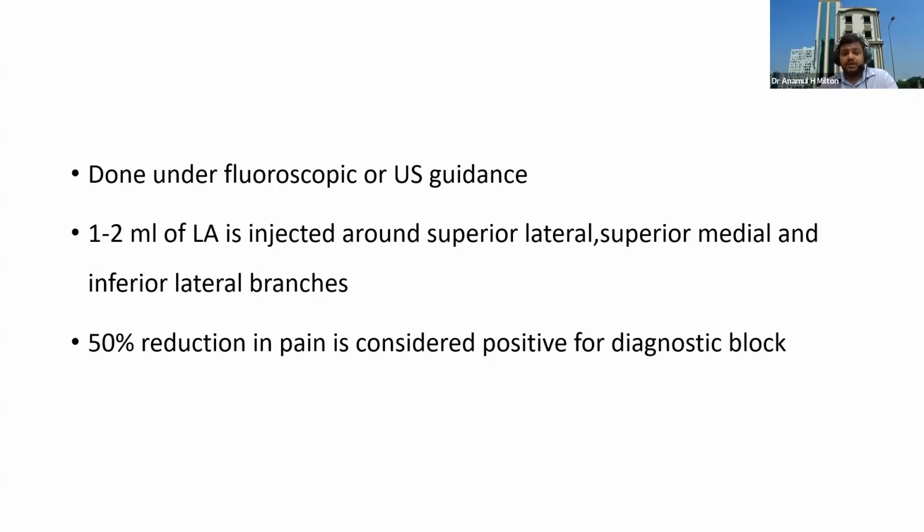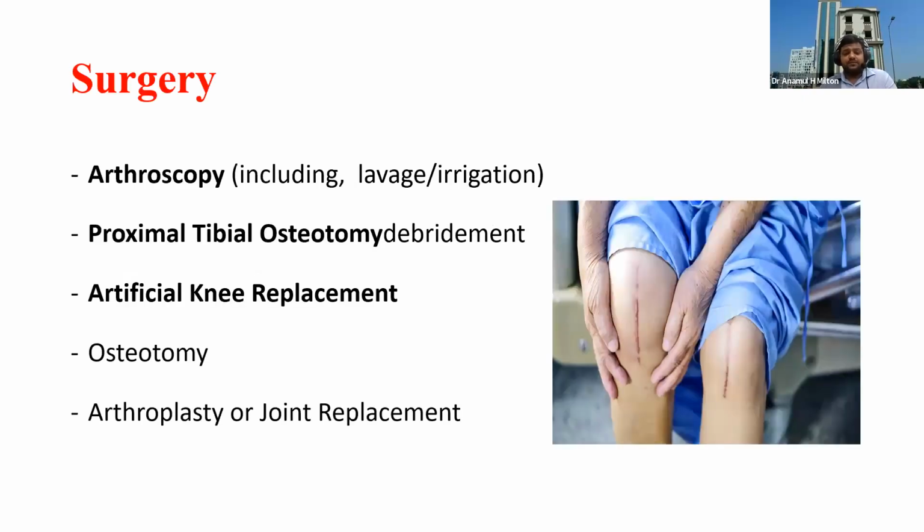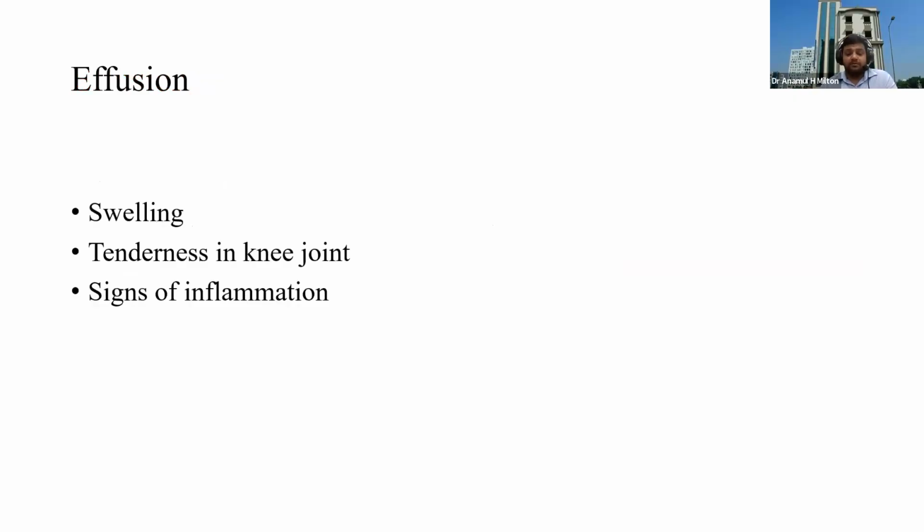These 3 branches are usually done, but another 7 sites we can do for radiofrequency in one setting. At least we have to do a diagnostic block with more than 50%, near 50 to 70% pain relief. After that, you can plan for genicular nerve ablation. Surgery is not our main part, but if needed, you can send the patient to an orthopedic surgeon.